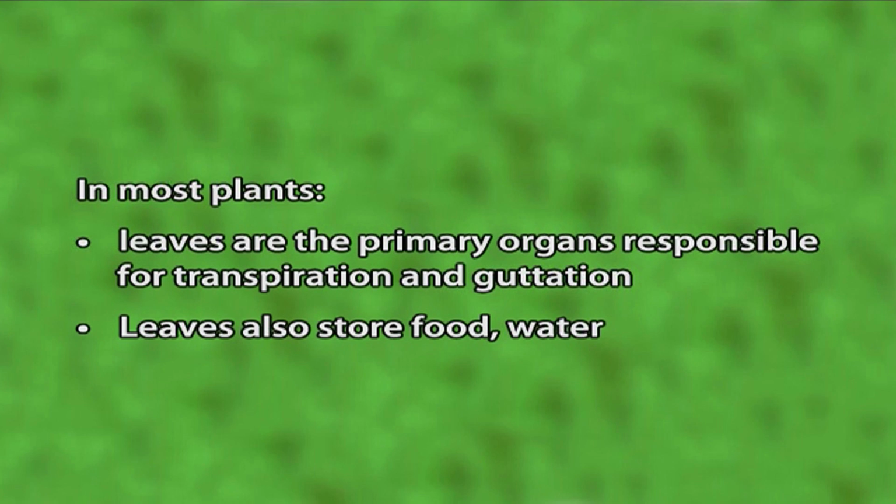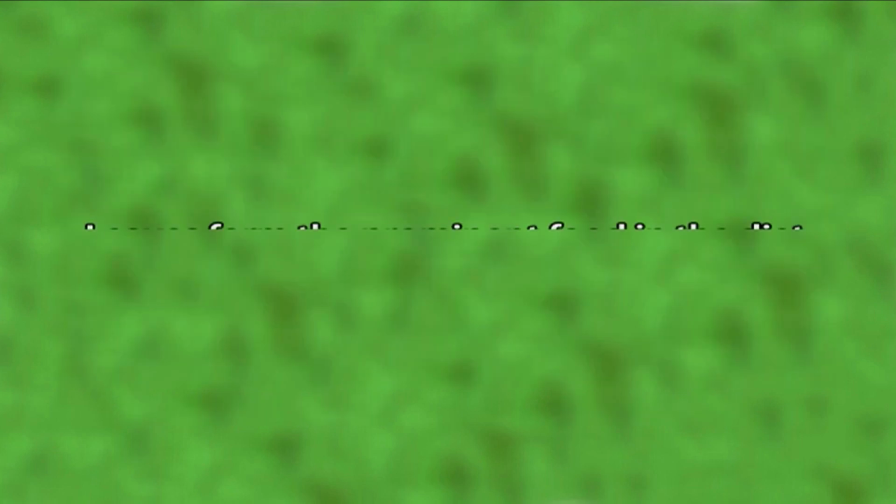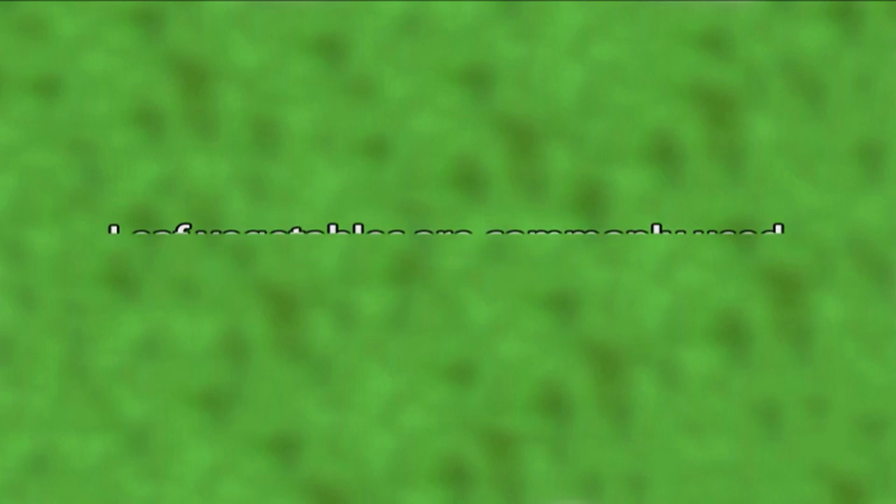Leaves can also store food and water and are modified accordingly to meet these functions, for example, in the leaves of succulent plants and in bulb scales. Accordingly, leaves form the prominent food in the diet of many animals. This is true for humans as well, for whom leaf vegetables are commonly used as staples.